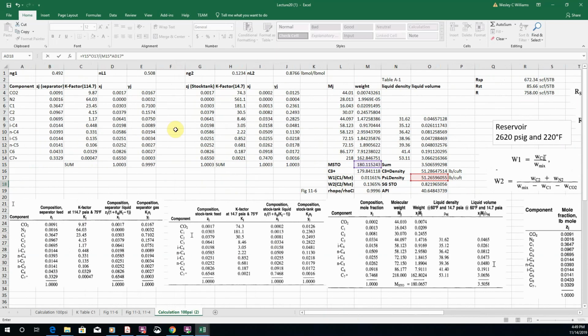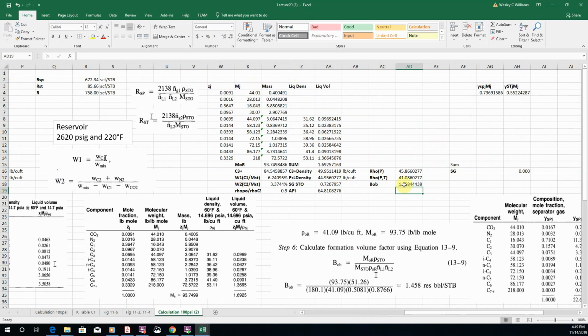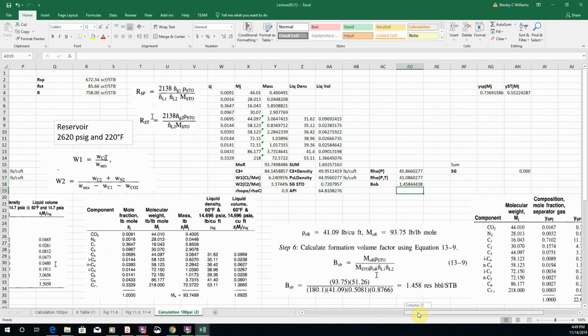So NL1 times NL2. That gives us a value of 1.458, which is the answer to the problem. So we got our formation volume factor.